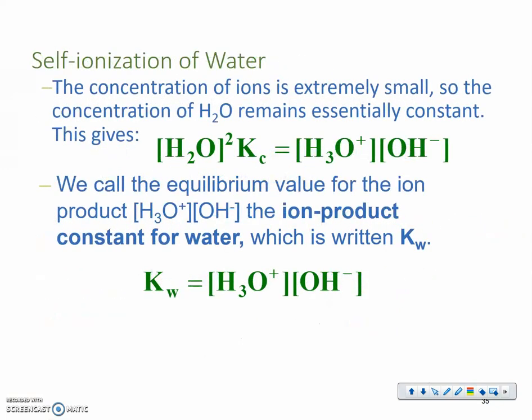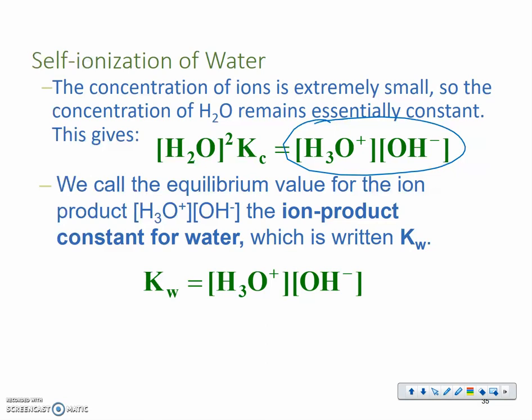The concentration of our two ions is really, really small, so that means the concentration of water is pretty constant. So we moved over our H2O squared and set that whole thing equal to our two ions. We call this product the ion product constant, which is Kw.